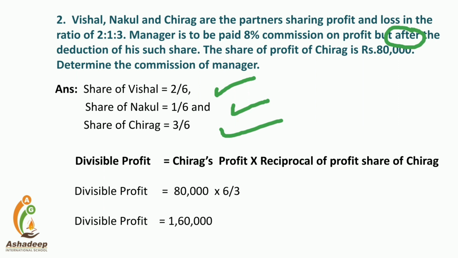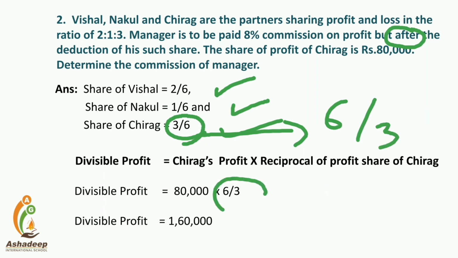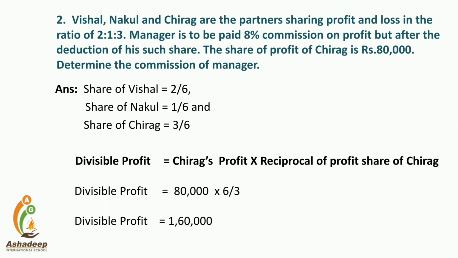The formula of divisible profit is the partner's profit multiplied by the reciprocal of the profit share of that partner. So Chirag's profit is rupees 80,000 as given in the question, multiplied by the reciprocal. What is the share of Chirag? That is 3 by 6, so its reciprocal is 6 by 3. By multiplying we get rupees 1,60,000.